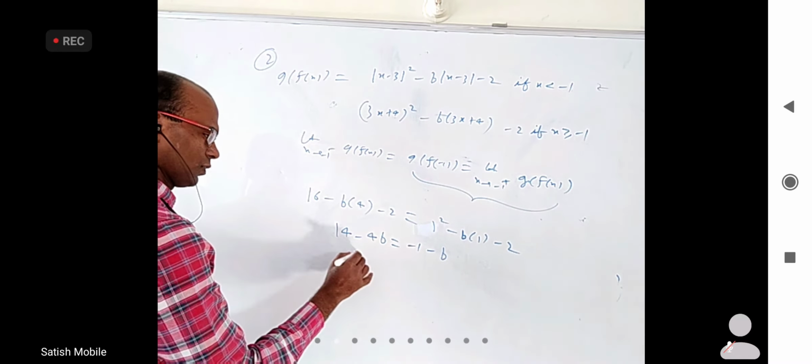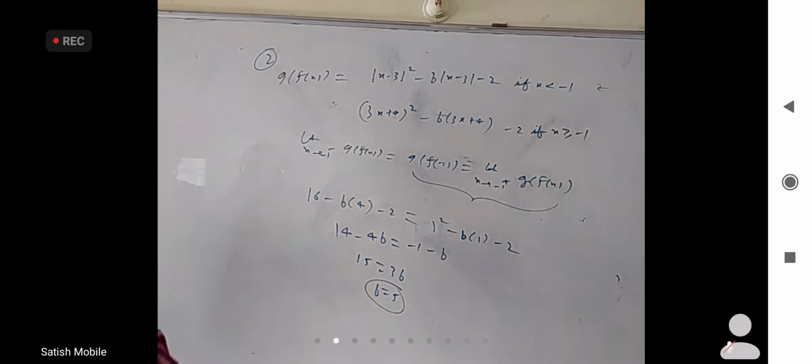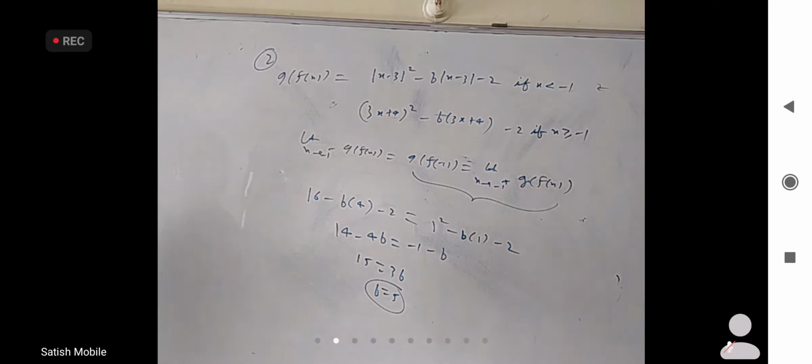That is 15 equal to 3b, and b equal to 5. So that's it. When b equal to 5, then only it is continuous. It's a numerical question. Except for very few questions, most of the continuity questions are very easy, not at all difficult.